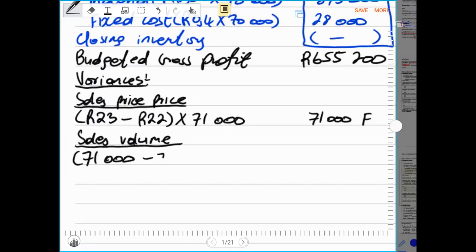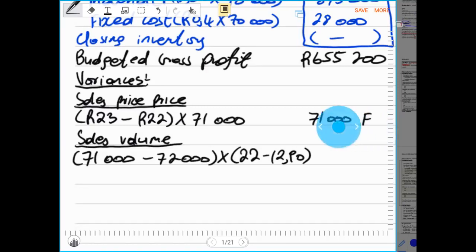And I subtract the units that were budgeted to be sold, which is 72,000. Then I multiply this by the standard contribution per unit. And our standard contribution will be the 22 rand minus the 12 rand 90 cents, which is my variable cost.